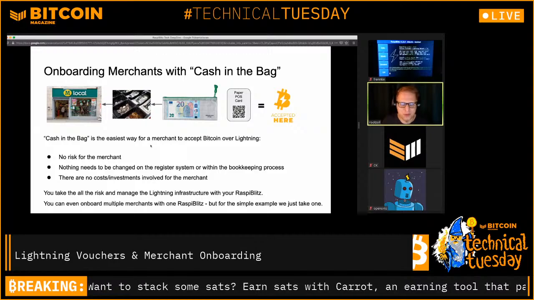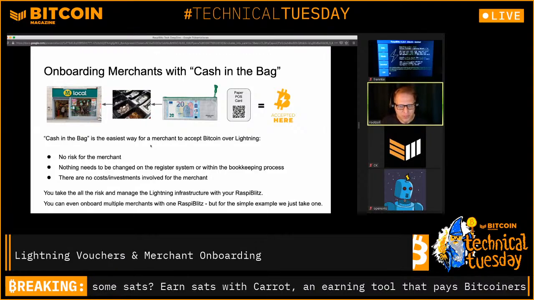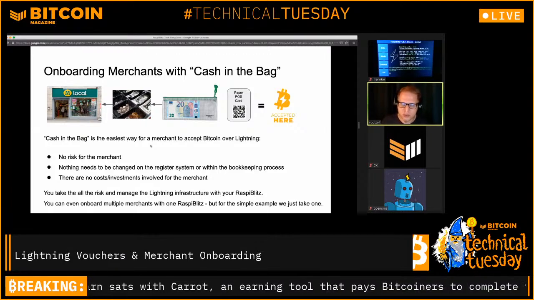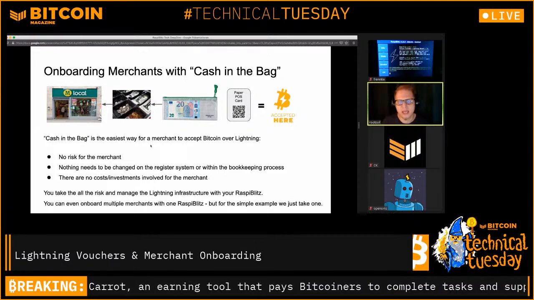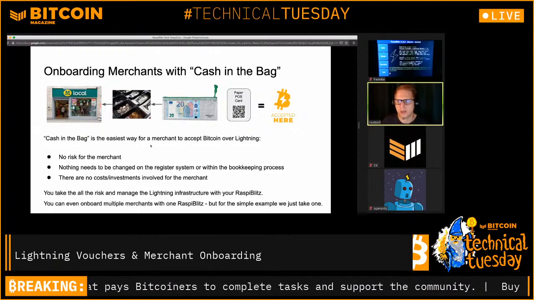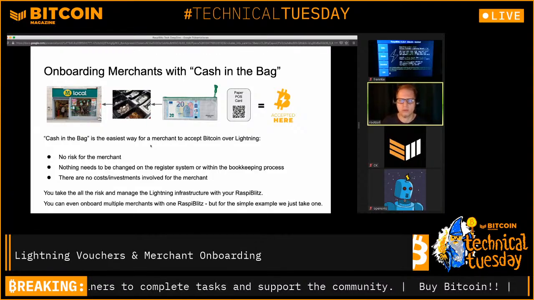But I will give you an overview of what this means, because you take on the financial risk and the trust risk, and you take over managing all the background infrastructure for Lightning, with liquidity, inbound, and a good connection to the network.